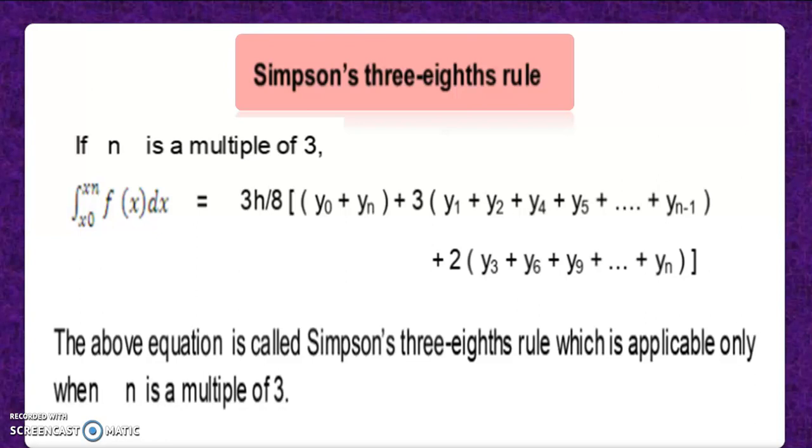The above equation is called Simpson's 3/8 rule, which is applicable only when n is a multiple of 3. To apply Simpson's 3/8 rule, normally we take n as a multiple of 3.